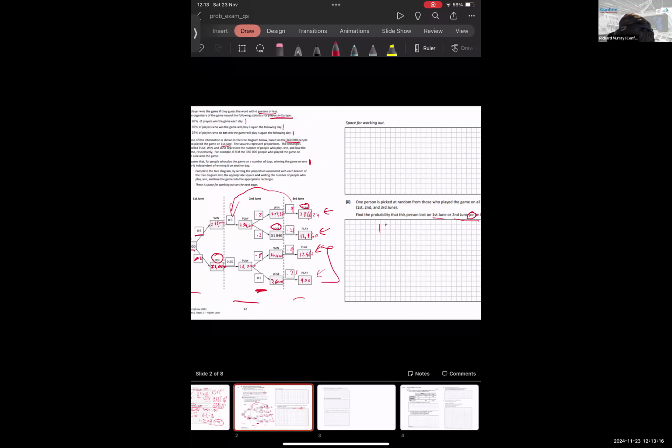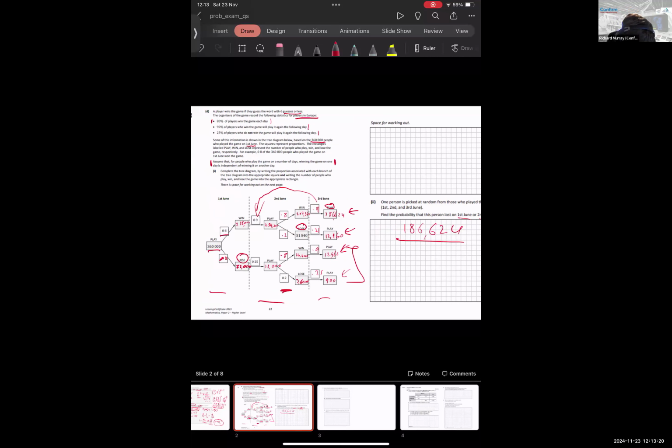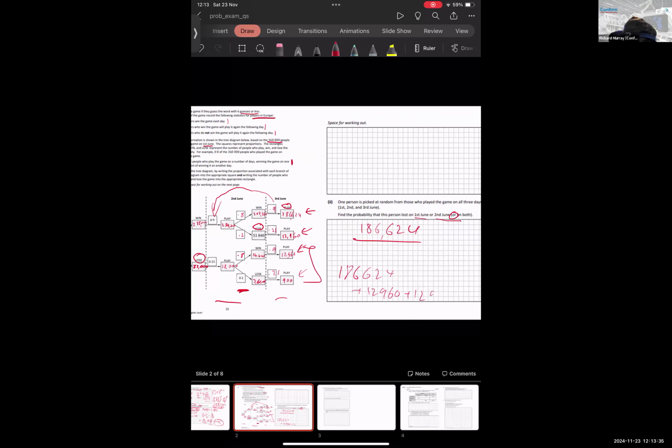So we do 186,624 over however many played on the last day, which will be 186,624 plus 12,960 plus 12,960 plus 900, and that goes into our denominator.